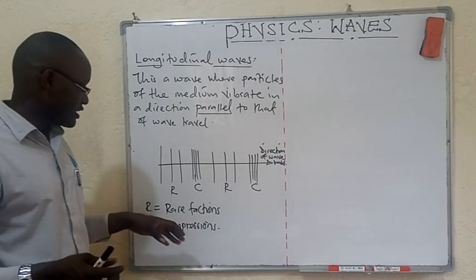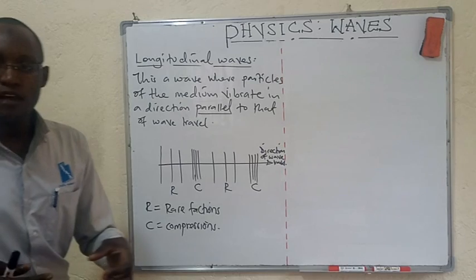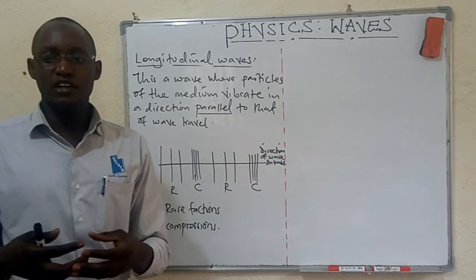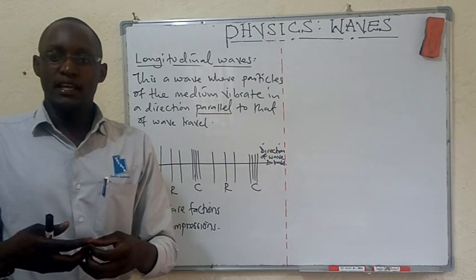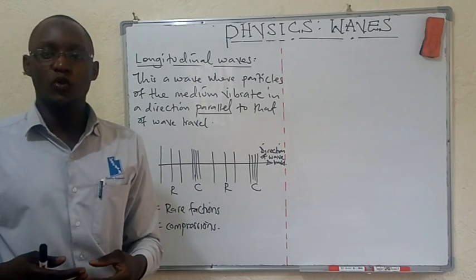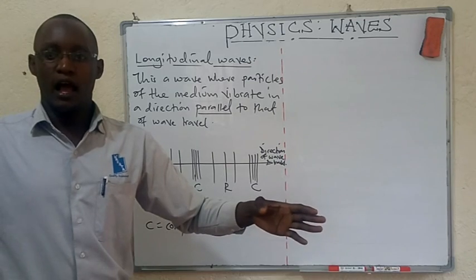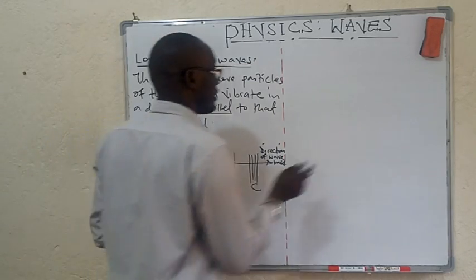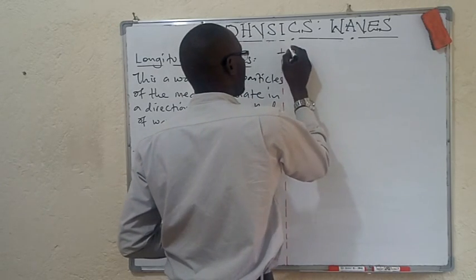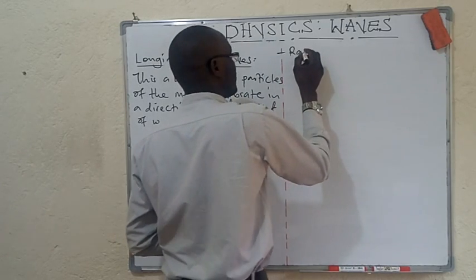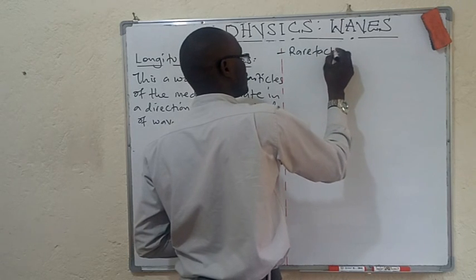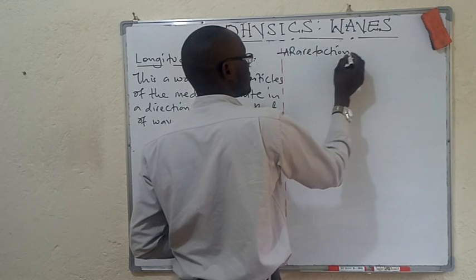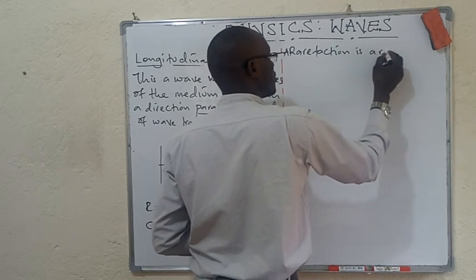Now this takes us to the meaning of rarefactions. A rarefaction is a region of a longitudinal wave in which oscillating particles are far apart. You can note that one down.